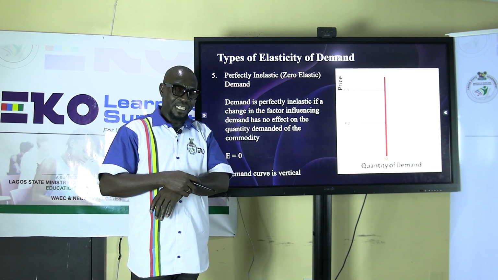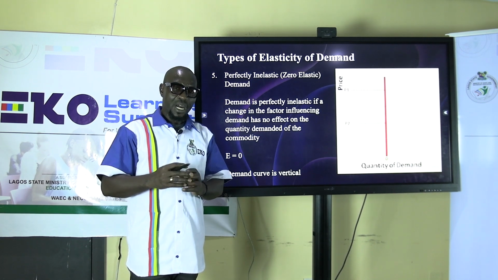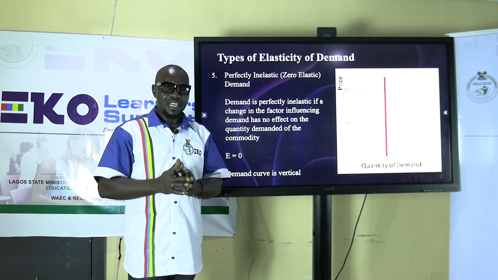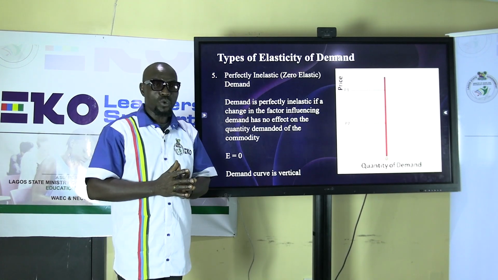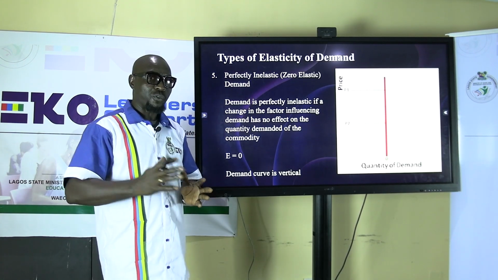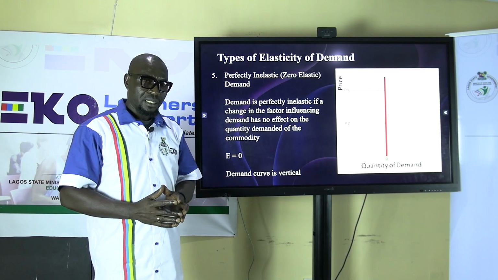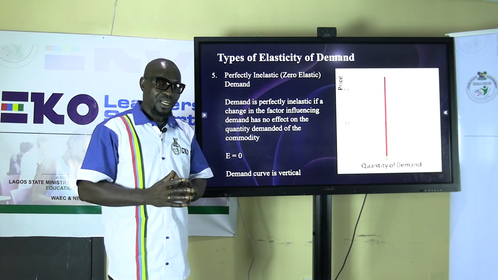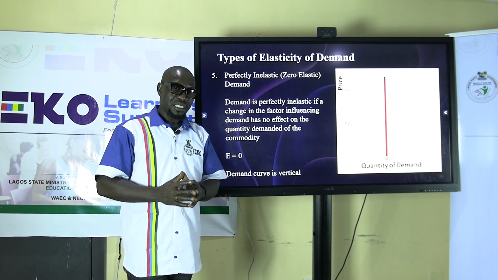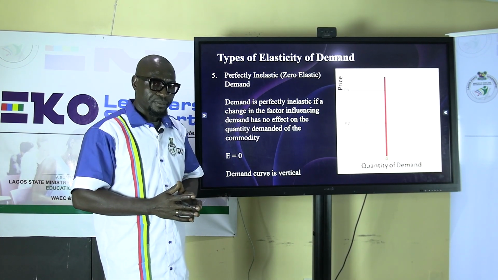For infinitely elastic demand, what you have is that a given price gives you infinite possibilities of quantities demanded, and the coefficient of elasticity is infinity. The demand curve is horizontal.